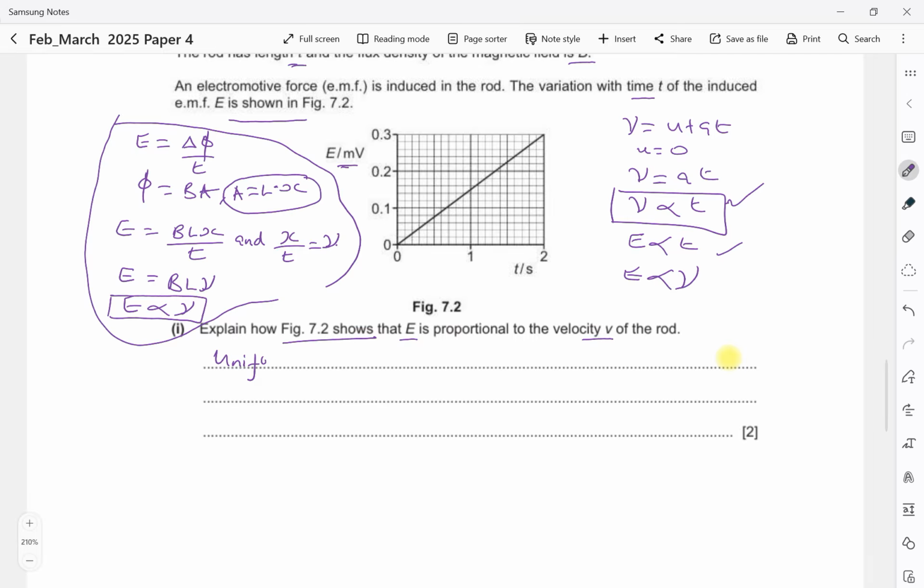Uniform acceleration implies that velocity is proportional to time.